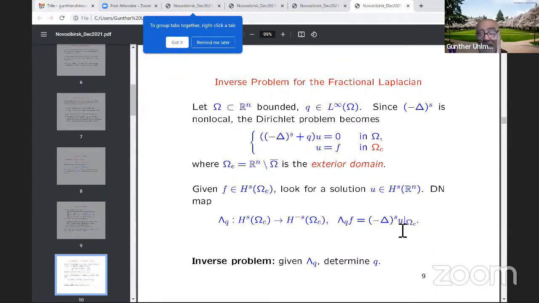It has been proven that as s goes to 1 and you go to the boundary, this gives the normal derivative. So the inverse problem is, given this non-local operator and the corresponding Dirichlet-to-Neumann map, can we recover the potential from this information in the exterior?